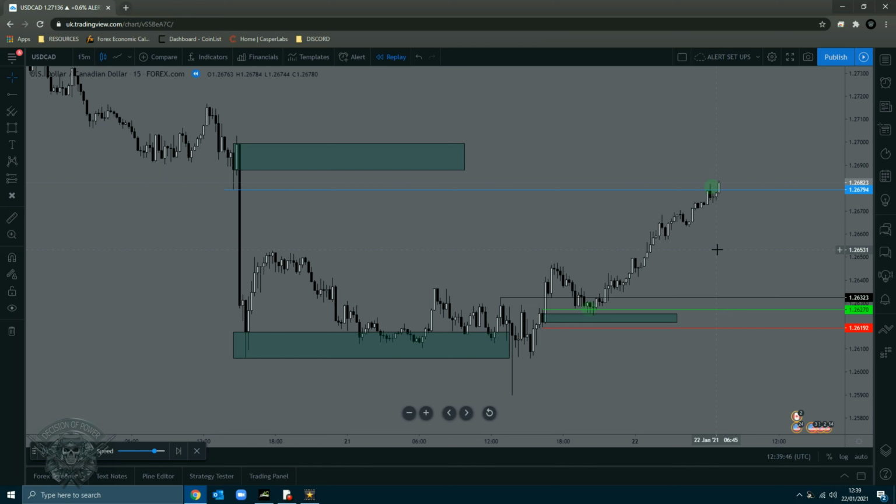And once you do get the pattern, I'm going to be going through potential targets, and I will touch on risk to reward ratios as well, how you can scale out positions, or how you can trail stop losses behind price in order to maximize the reward you could get on the trade.